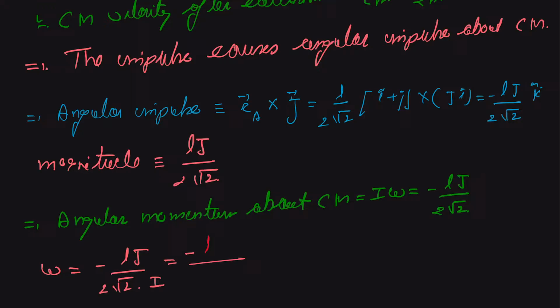So this comes as minus LJ over 2 root 2 times 1 by (1/2 ml square).